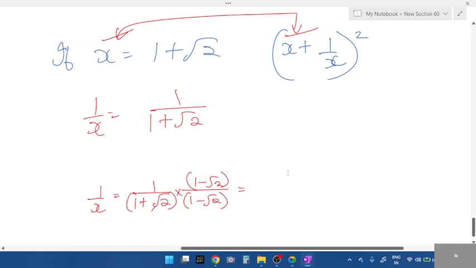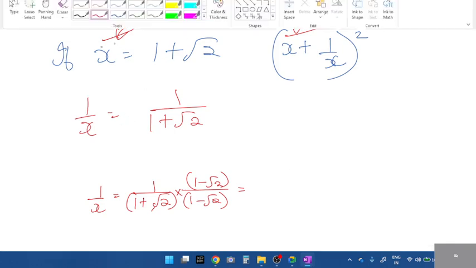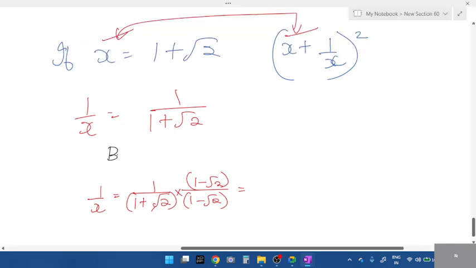rationalizing. And mention here, you need to mention by rationalizing, and then start to rationalize it.